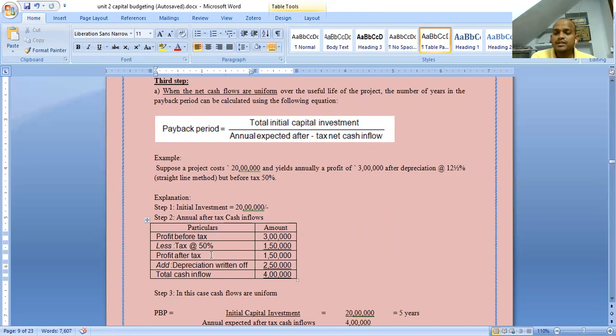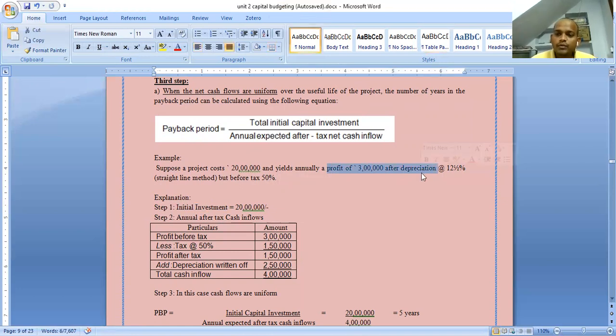Whatever depreciation we deducted from the profit, we have to add it again, because for cash flow calculation there is no effect of depreciation. Depreciation is a non-cash expenditure.